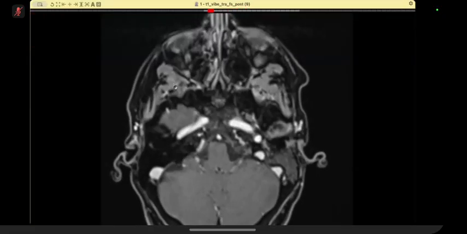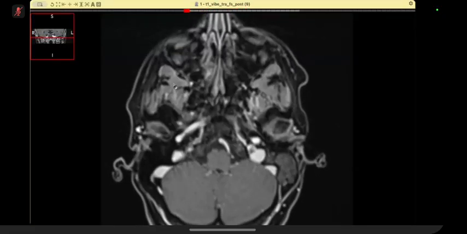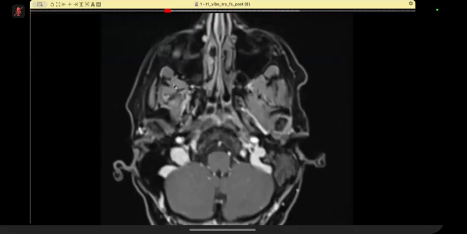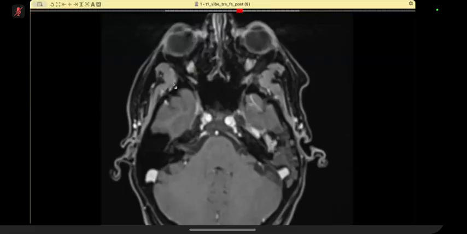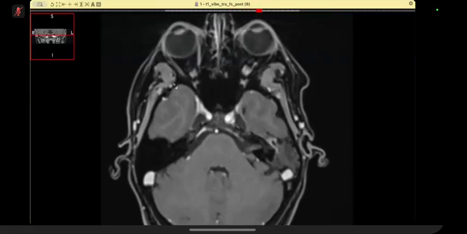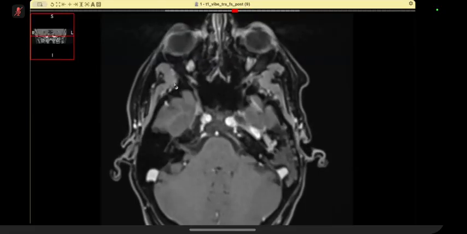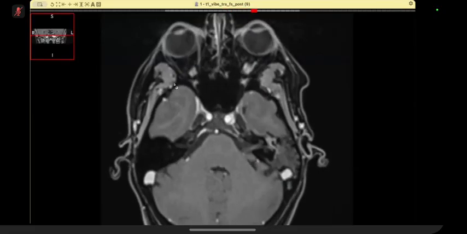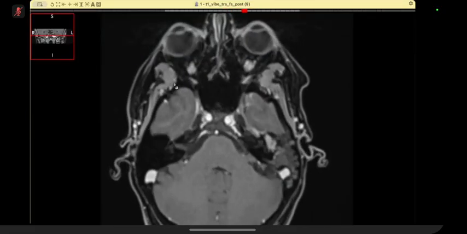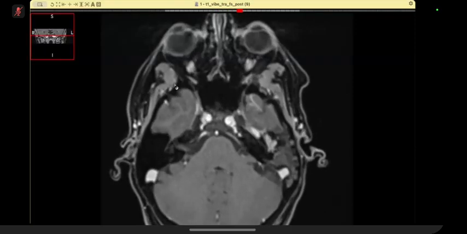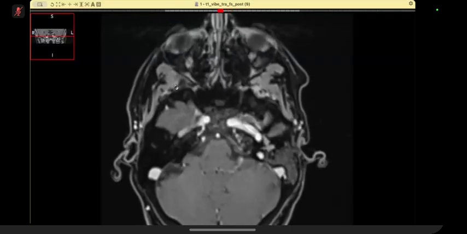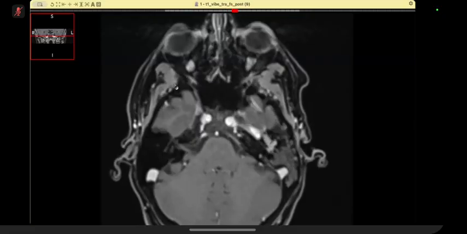Yes. So, madam, what is your conclusion? So I'm suspecting that this is an enhancing soft tissue lesion within the middle ear cavity.